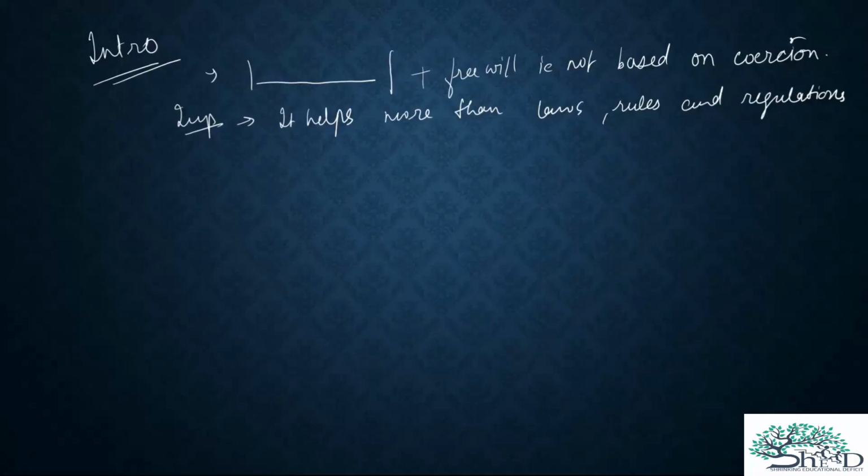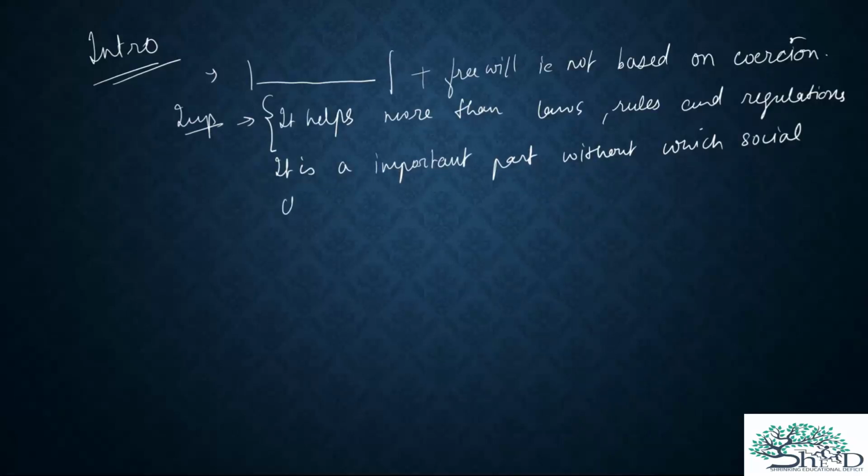The actual thing you can write is: it is an important part without which social change cannot be brought. Or another way of writing it is, where laws, rules, and guidelines fail, social persuasion comes into play. Okay, another way to write it.